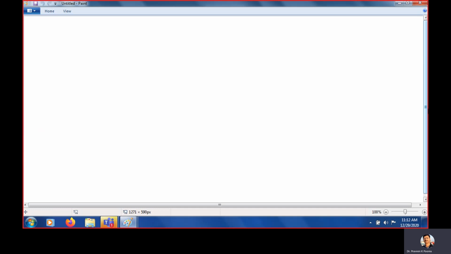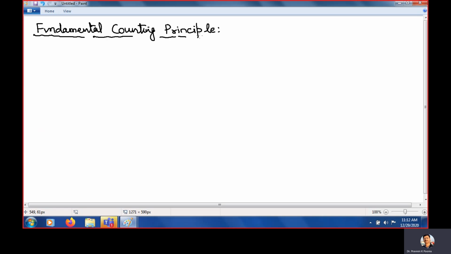But before that, we will start the fundamental counting principle. What is the fundamental counting principle? The fundamental counting principle is the total number of outcomes for any process.